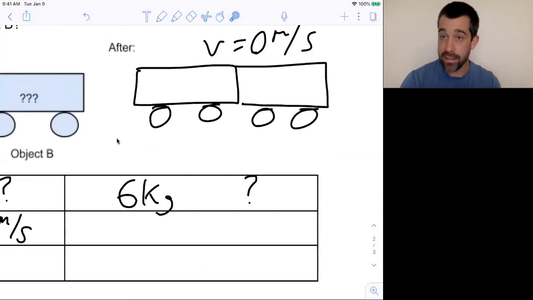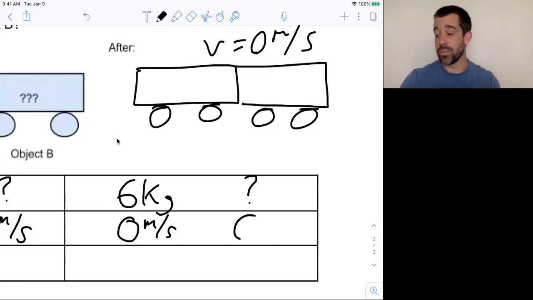And we can absolutely do that here. However, it's just not that helpful because we don't know the mass of that object. So I am going to treat it still as two separate objects. I'm just going to remember that they have the same velocity, and that velocity is 0 meters per second for both of them.